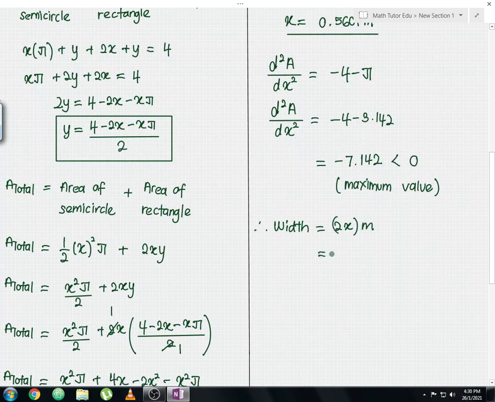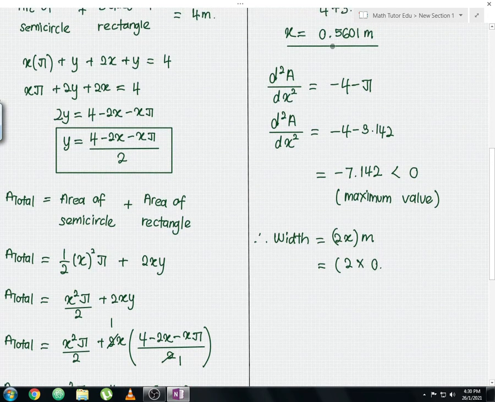From here, 2 times 0.5601 meter. You calculate this, you should get your answer 1.1202 meter. So this will be your final answer. Let me underline the solution now.